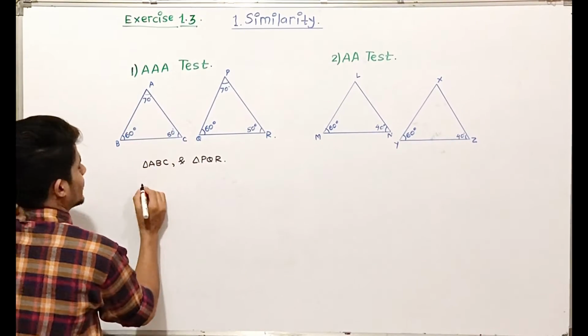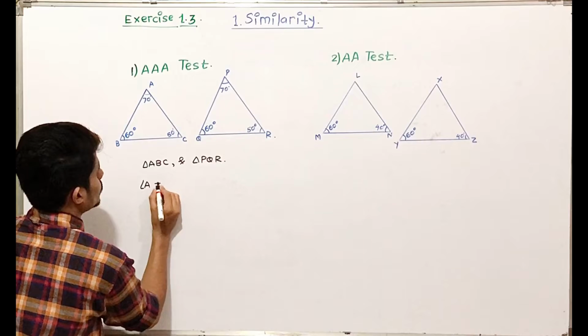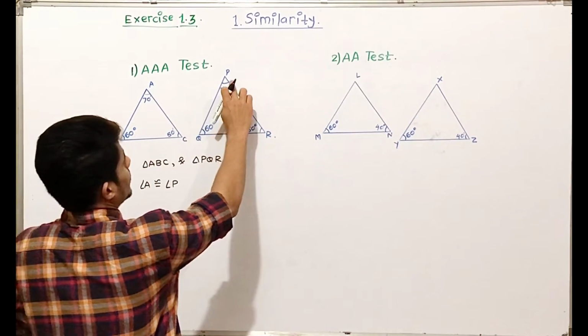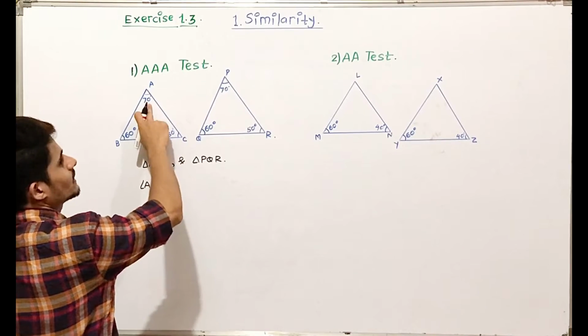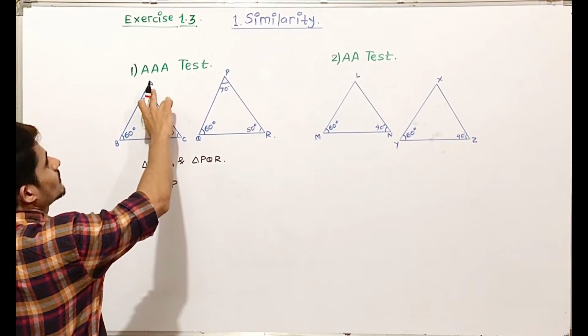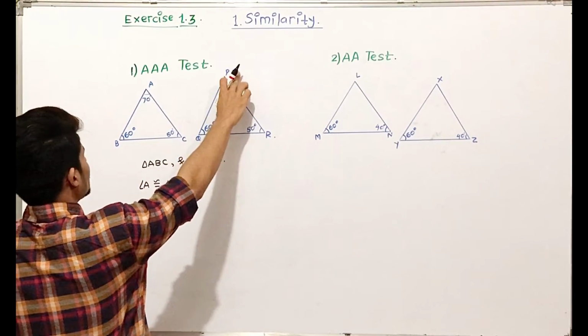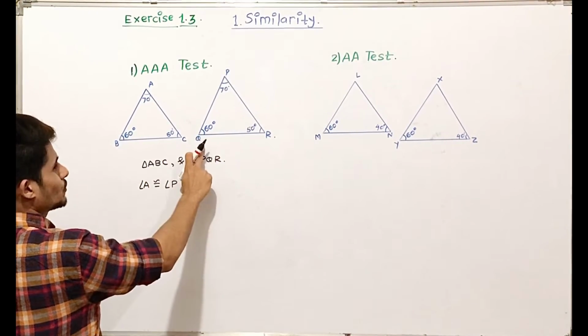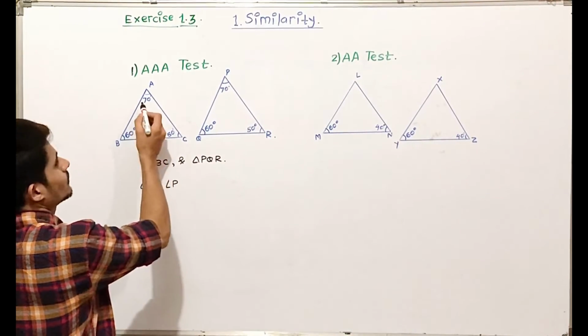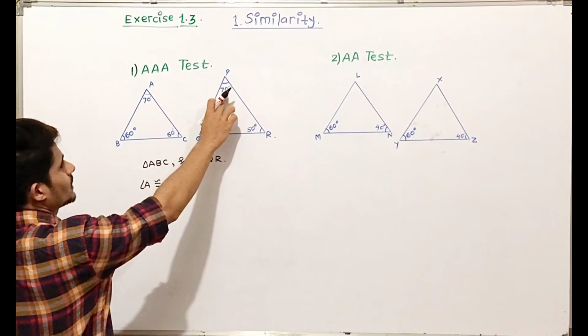That is, angle A is congruent to angle P, 70 degrees each. So the corresponding angles will be A and P, B and Q, and C and R, in which A is congruent to P.